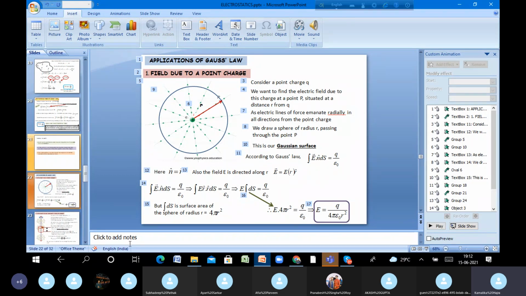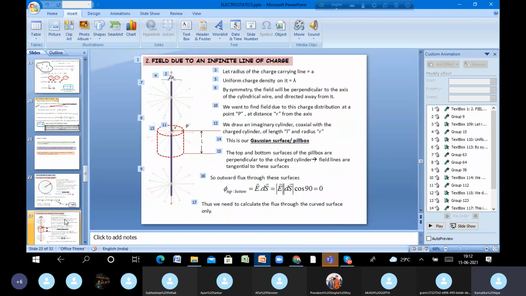Okay, this was for the sphere. Then for the cylinder, what did we do? The problem says we are trying to find the field due to an infinite line of charge, meaning a very long wire or thread or stick which has a charge distribution on it.